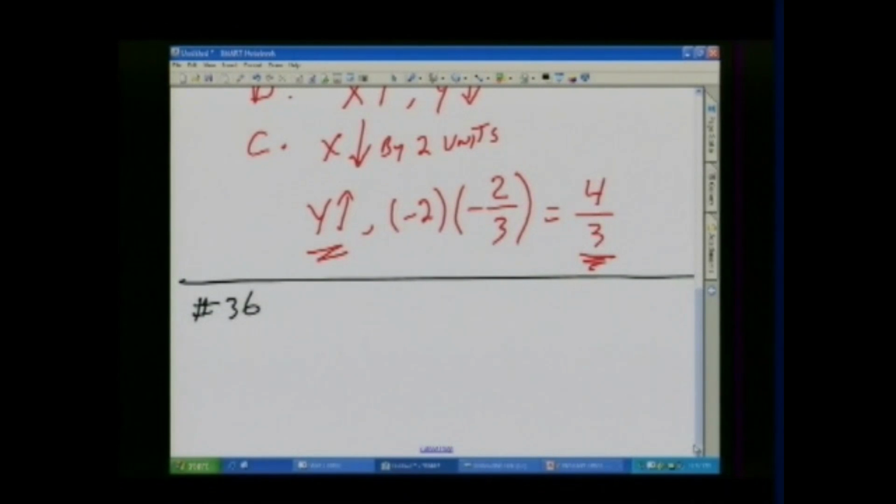36 says if the line passes through points A and 1, that's the coordinates of one point.